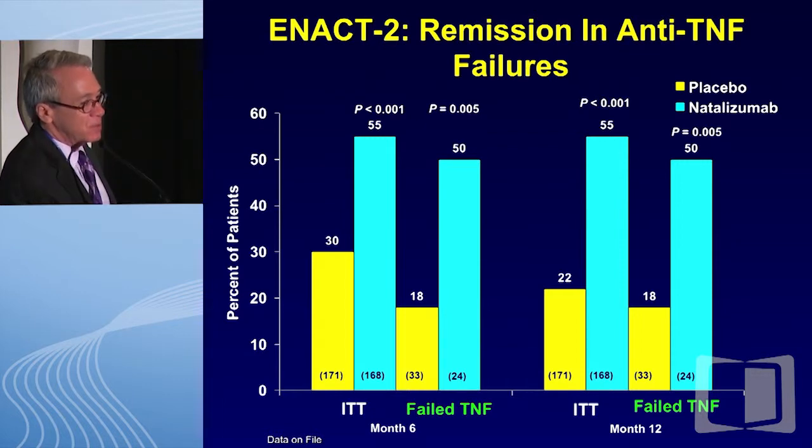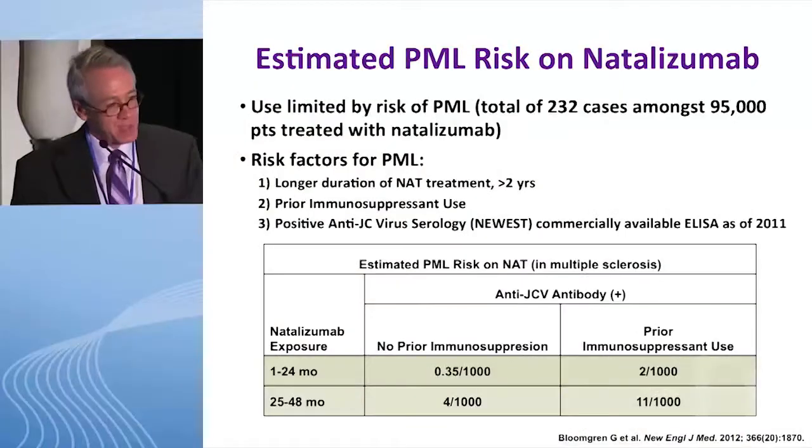Natalizumab was shown to be effective for maintenance of remission at month 6 and month 12 in the overall intention to treat population compared to placebo, and was equally effective in the subgroup of patients who had failed a TNF inhibitor in this clinical trial experience. So here's a different mechanism of action in someone who has failed one or more TNF inhibitors that would be worth considering. So why have we all forgotten about natalizumab?